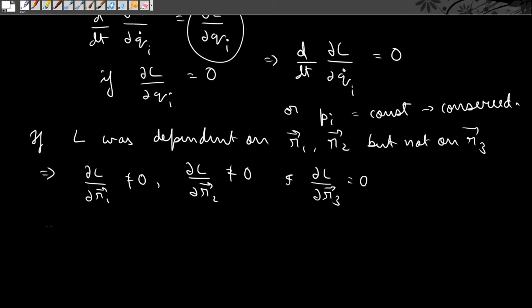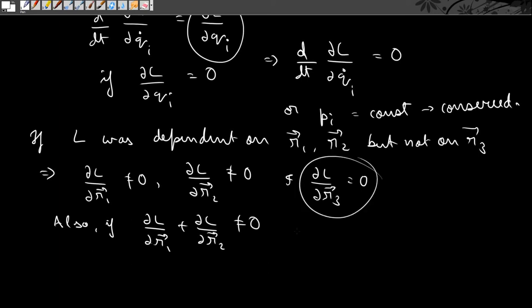So if we have just this information, only P3 will be conserved.